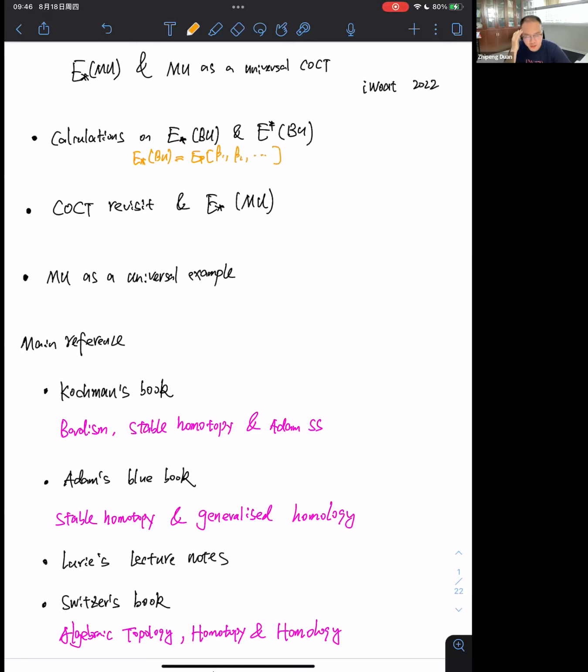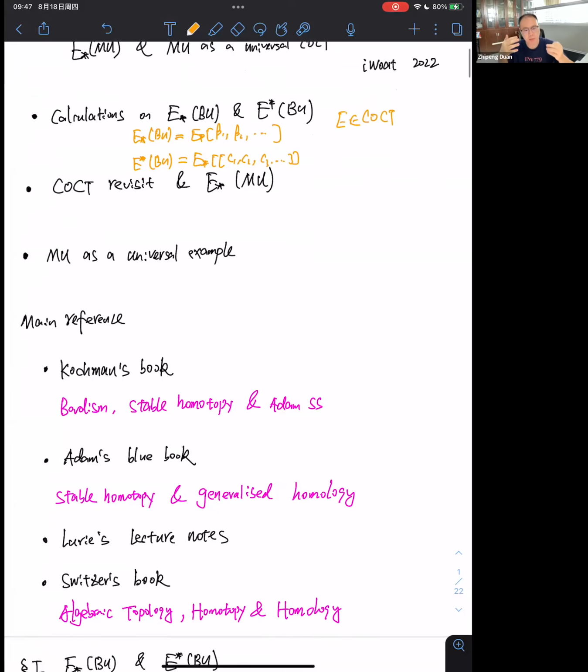They are infinitely many generators. And the generalized co-homology E star of BU is a power series ring on generators C1, C2, C3, also infinitely many generators, where the spectrum E should be a complex-oriented co-homology theory.